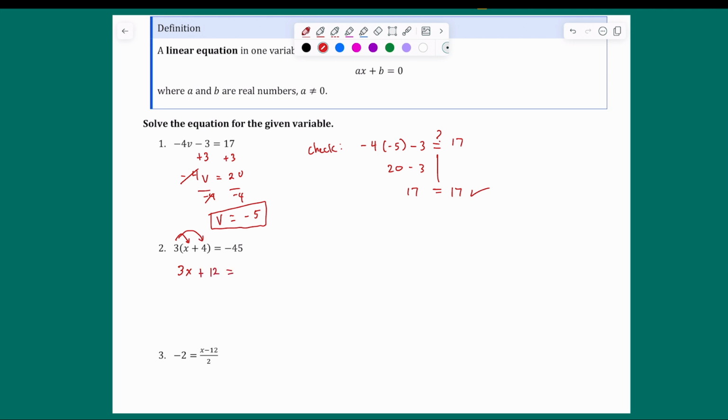So we get 3x plus 12 equals negative 45. Then we subtract 12 on both sides, and that gives us 3x equals negative 57. Now we divide both sides by 3, which tells us that x is equal to negative 19.